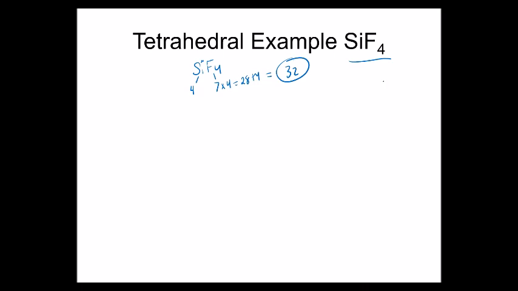Drawing regular tetrahedral ones is pretty easy. Which atom is going to go in the center? Yeah, silicon is definitely less electronegative than fluorine. All right, so that goes in the center. I attach my F's with single bonds, 2, 4, 6, 8, down to 24.